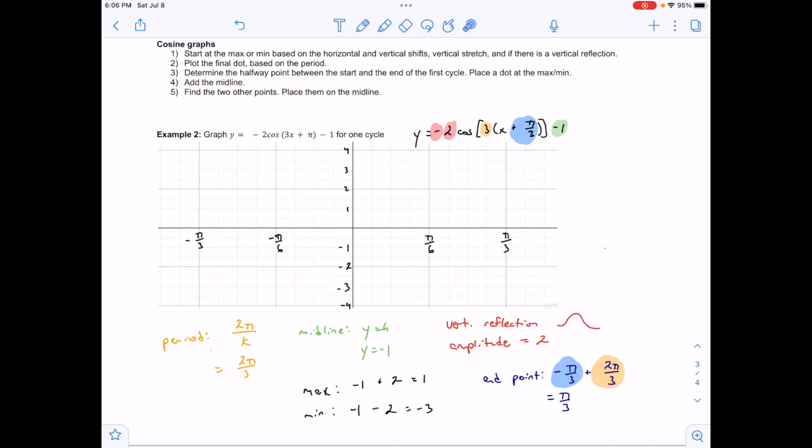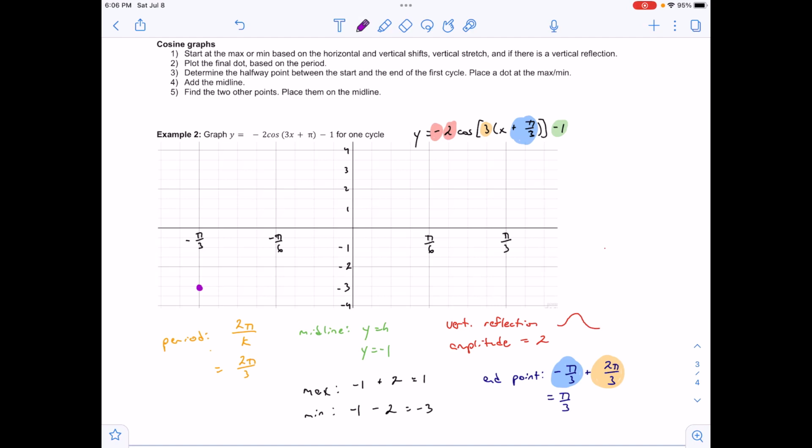So step number 1, start at the max or min based on the horizontal and vertical shifts, vertical stretch, and if there's a reflection. Well, we've already said that there's a reflection, so I'm going to be starting at the min. The min was affected by not only my midline, but also by my amplitude, which was 2, and we've located the min at -3. So the lowest point where I'm going to be starting will be at my horizontal shift, -π/3.